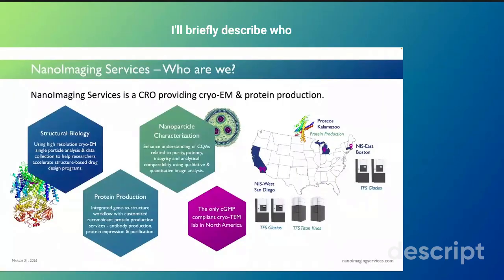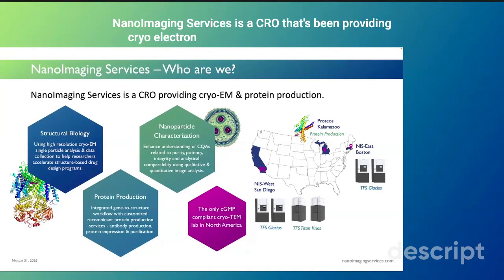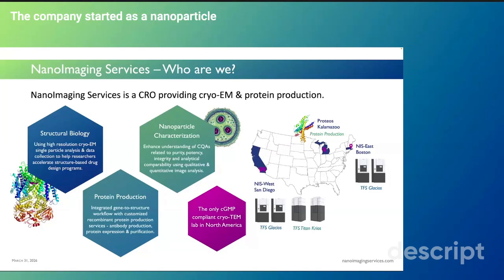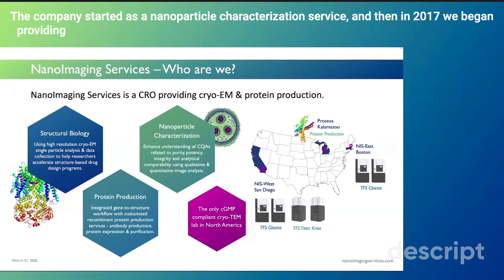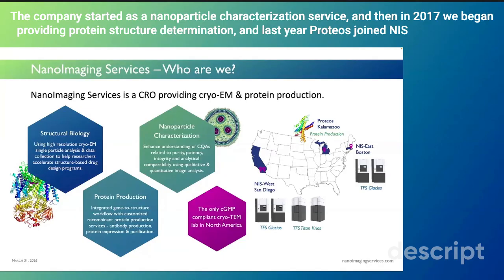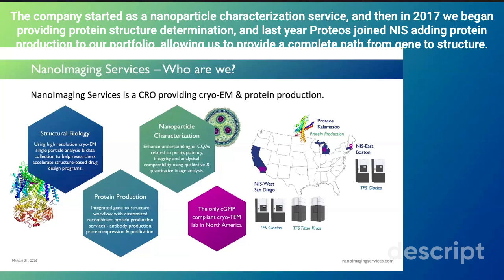I'll briefly describe who we are. NanoImaging Services is a CRO that's been providing cryo-electron microscopy imaging for 19 years. The company started as a nanoparticle characterization service, and then in 2017 we began providing protein structure determination. And last year, Proteus joined NIS, adding protein production to our portfolio, allowing us to provide a complete path from gene to structure.